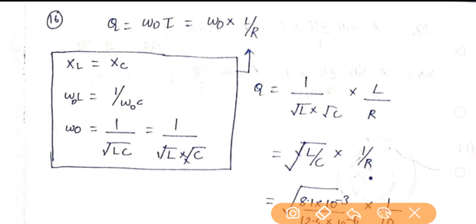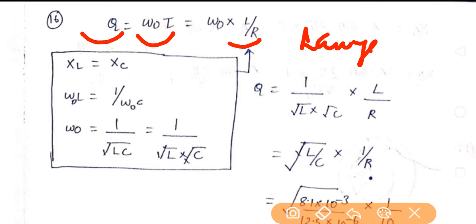Quality factor means omega naught tau. Tau means time constant, L by R. Don't put R by L. It is L by R. You may remember it as lawyer. L by R.